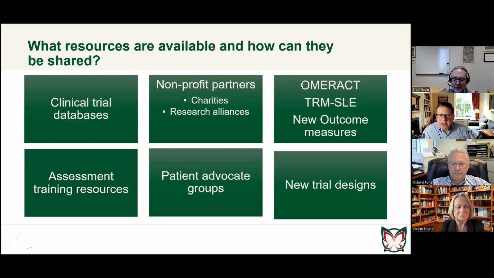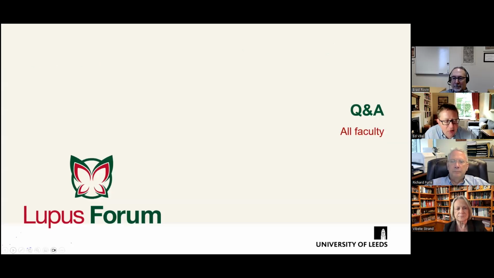We've had quite a few questions in the chat, and I'm going to try and group and summarize some of those things together. Maybe I'll go to Rich first for this one. There are several questions about when patients are eligible for trials. We see people in the clinics who are eligible, but they don't always consent.